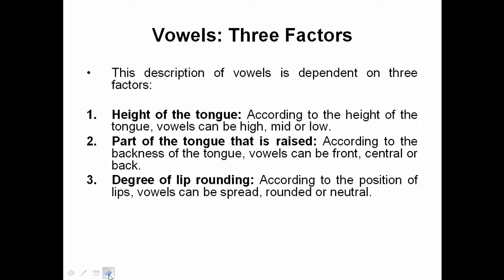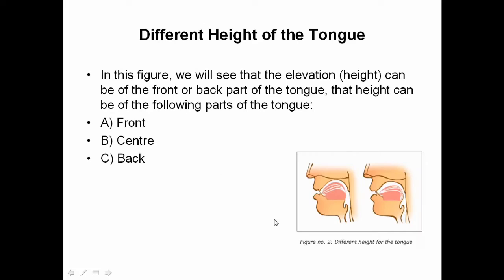Then there is the part of the tongue that is raised. If you can recall the vowel chart in relation to the inside of the mouth, we have talked about the horizontal dimension and vertical dimension. Here in this diagram you can see the different heights of the tongue.